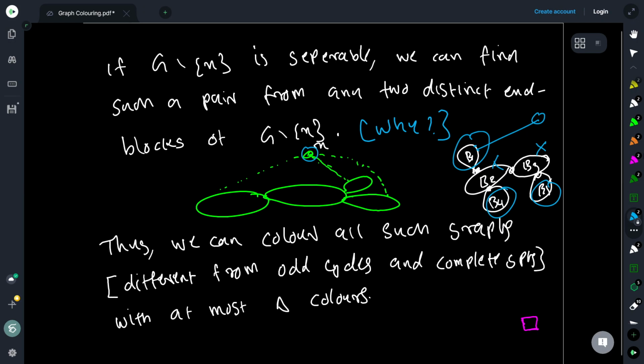The only way the graph becomes two connected is that this cut vertex is not a cut vertex in the graph, which means there must be a path from any vertex here to some other vertex on this side of it. So each end block must contain some neighbor of x.